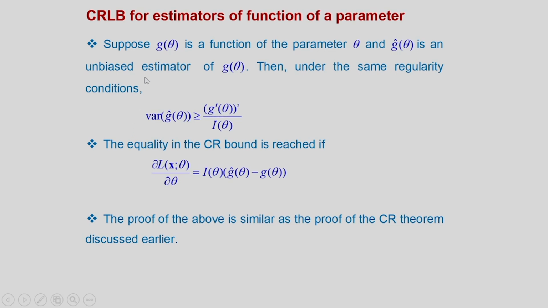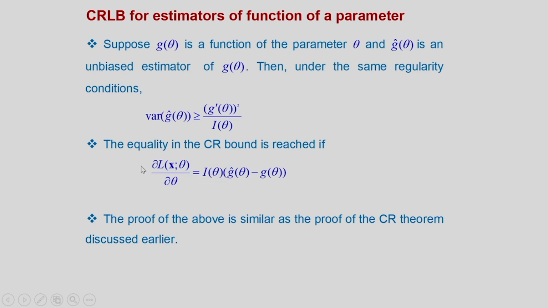So, this is the Cramer theorem for the function of a parameter, and the equality in this inequality will be reached if the first order derivative of the log likelihood function is equal to I(theta) multiplied by (g hat(theta) minus g(theta)).